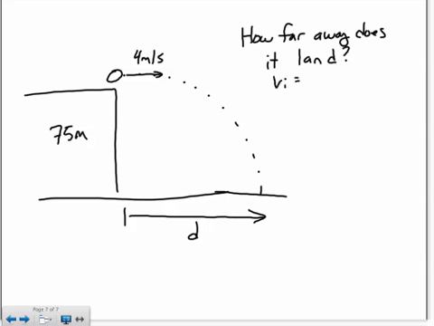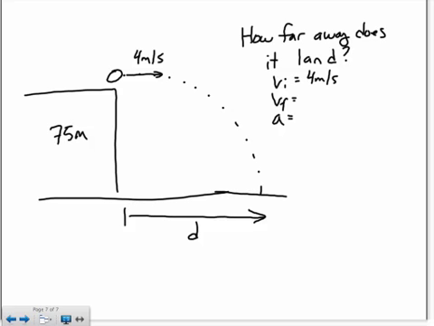Initial velocity? Final velocity? Well, it's 0. We'll talk about that in a second. Acceleration? It's not 9.8, because 9.8 is gravity. It's acting up and down. What's the acceleration in the x? 0.